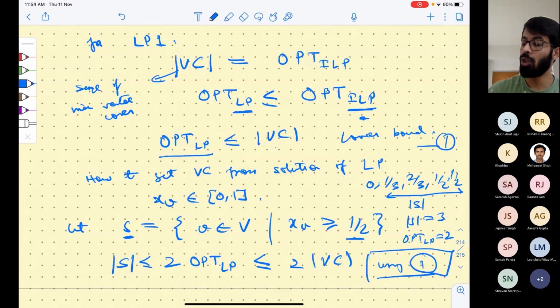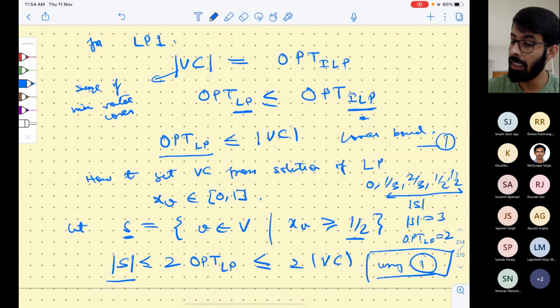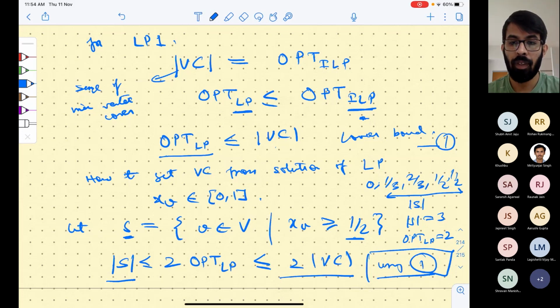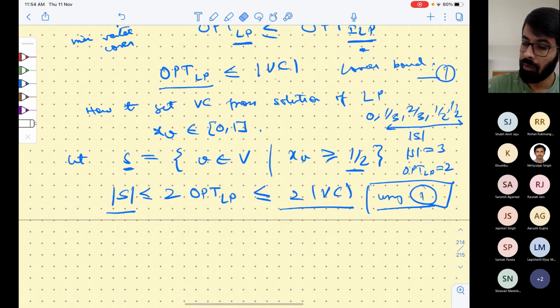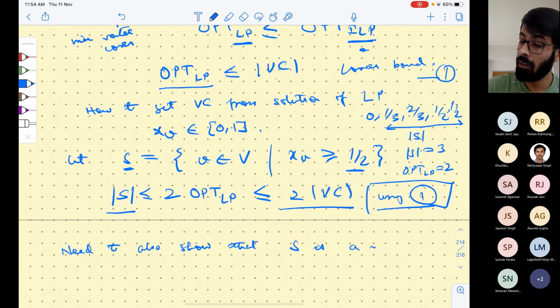But still we have not shown something. We know that this S is at most twice the size of the vertex cover. But what we have not shown? We need to show one small thing: that S is a vertex cover.